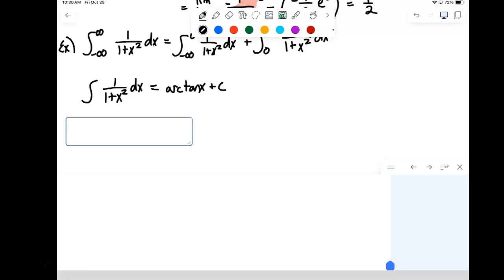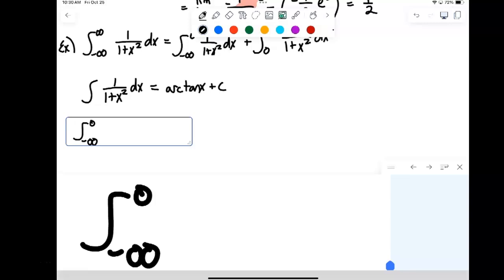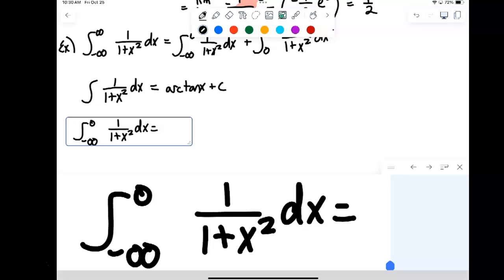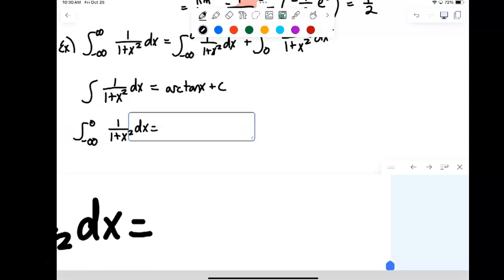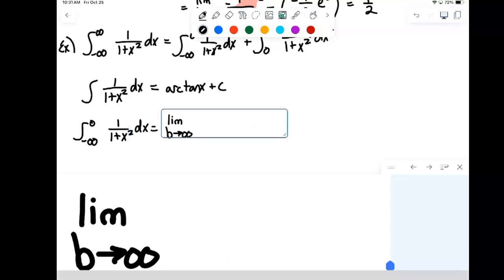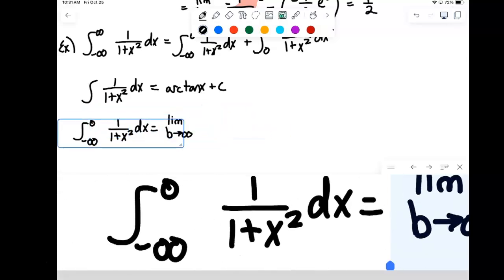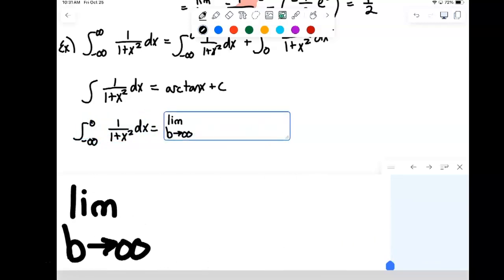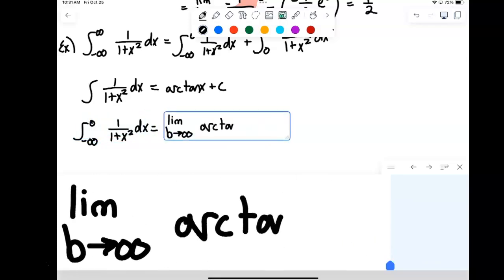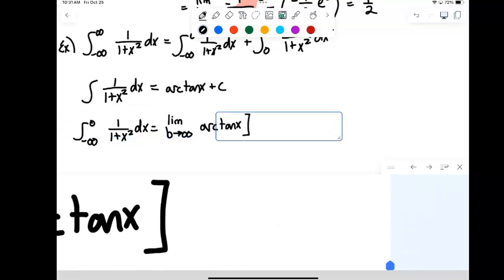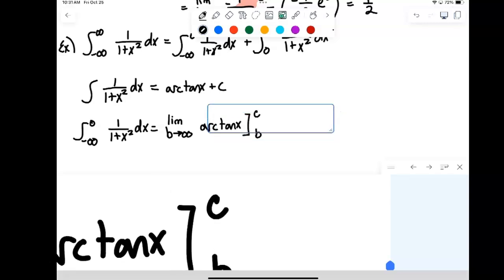So, the integral from negative infinity to 0 of 1 over 1 plus x squared dx. Remember, that is the limit as b goes to negative infinity of that integral, which we know is arctan, evaluated between b and 0.